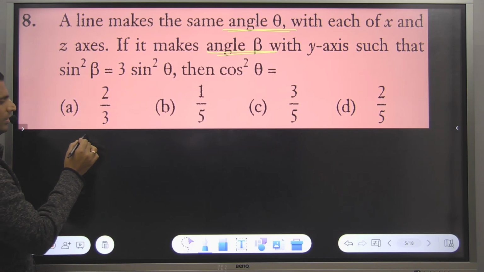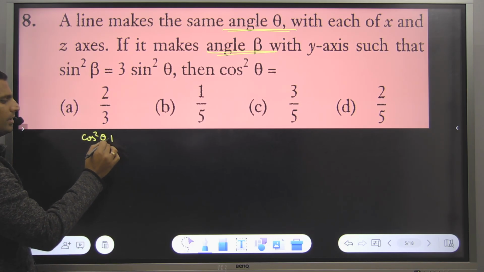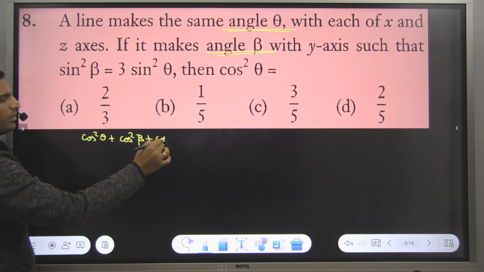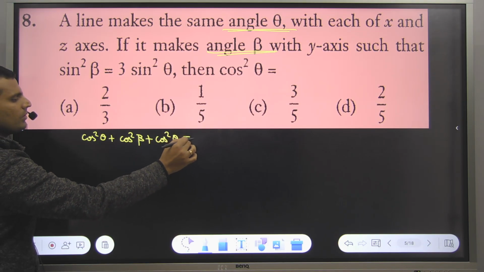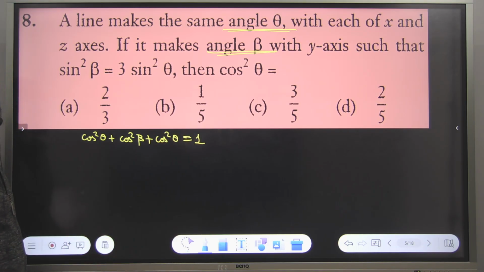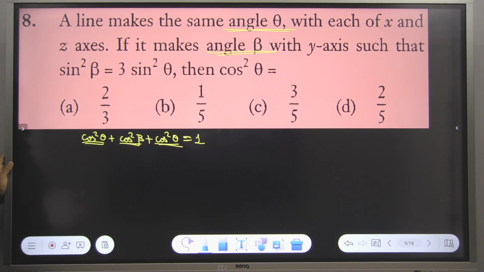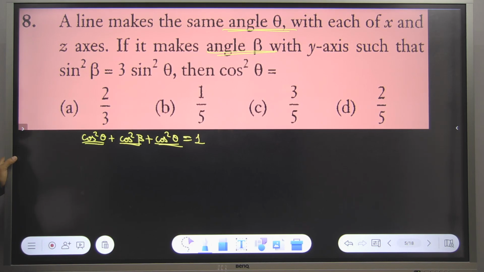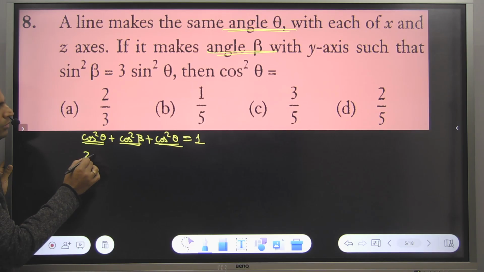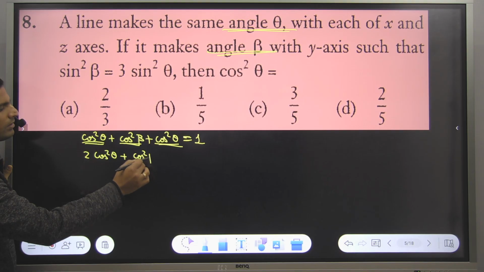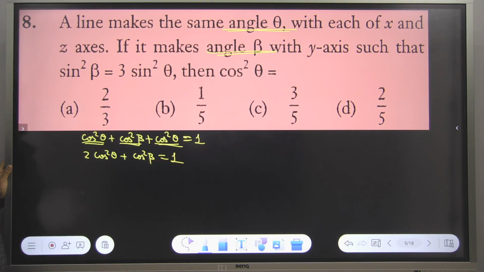So what should be your first step? Cos square theta plus cos square beta plus cos square theta equals 1. Correct, students? x axis, y axis, z axis. Any doubts with this? So you will get 2 cos square theta plus cos square beta is equal to 1.